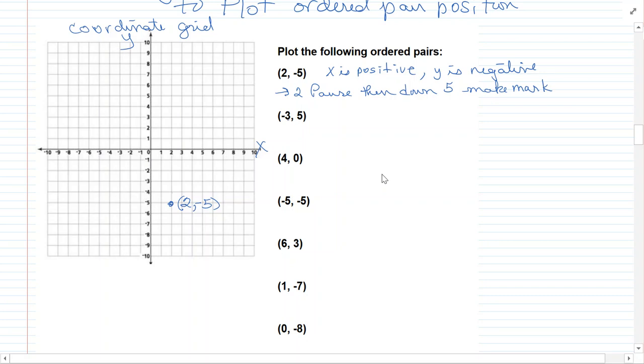Now this one is negative 3, x is negative, and y is positive. So here, I'm going to go to the left, 1, 2, 3, and then up 5. 1, 2, 3, 4, 5.